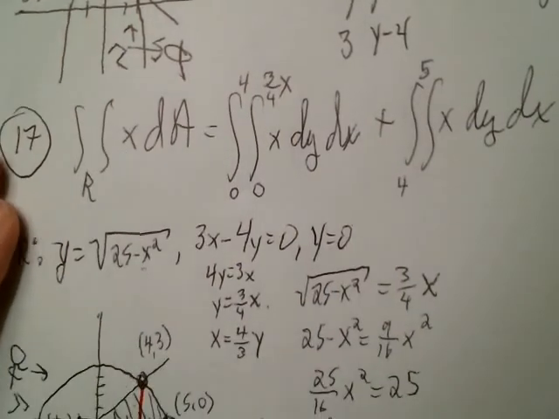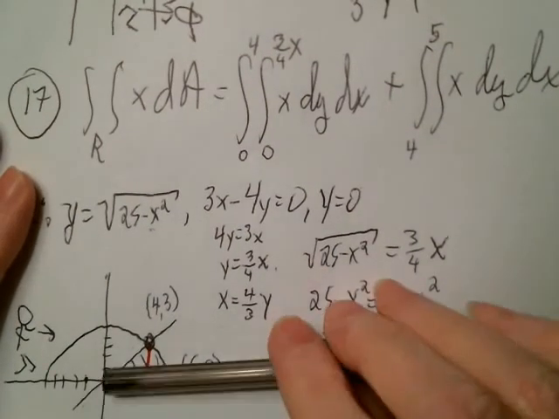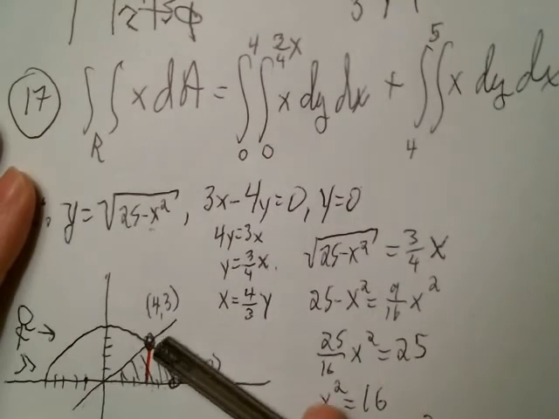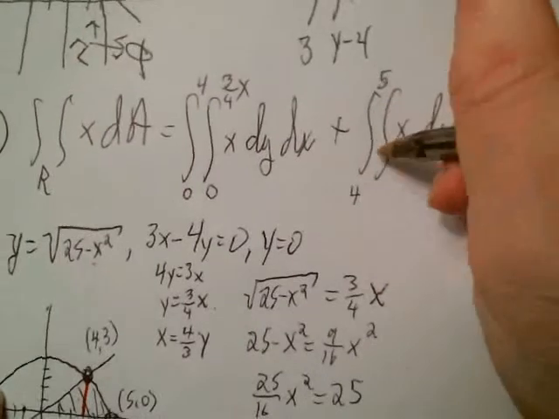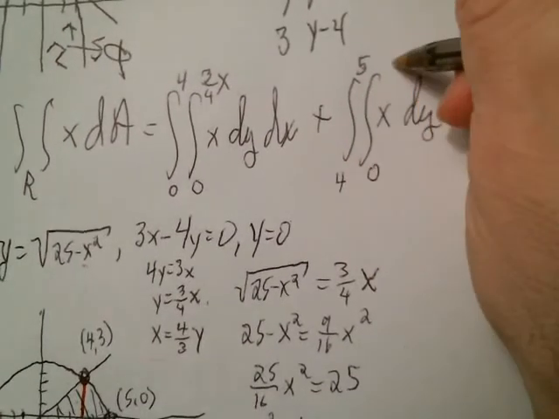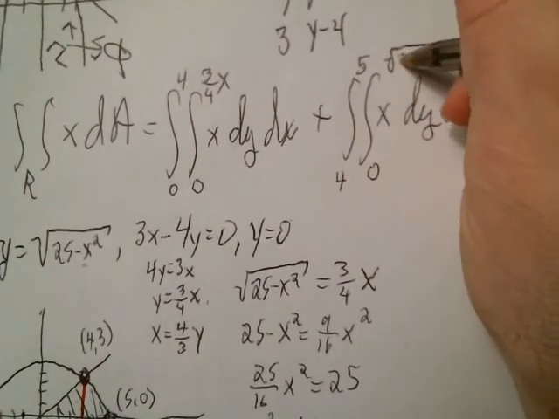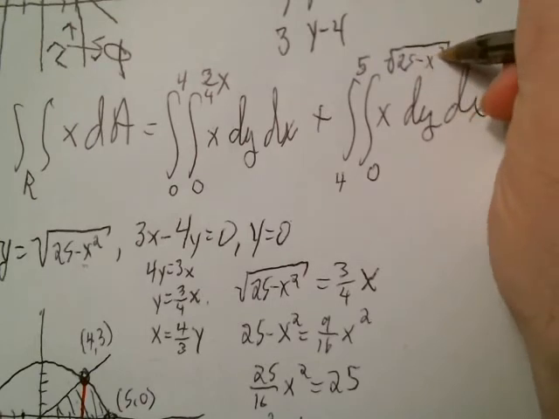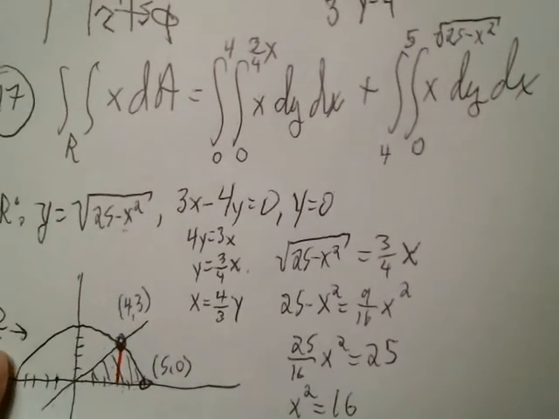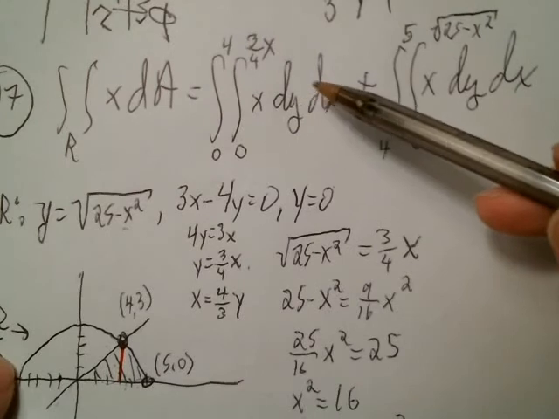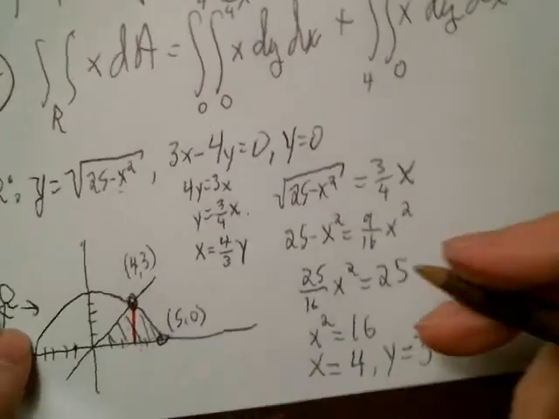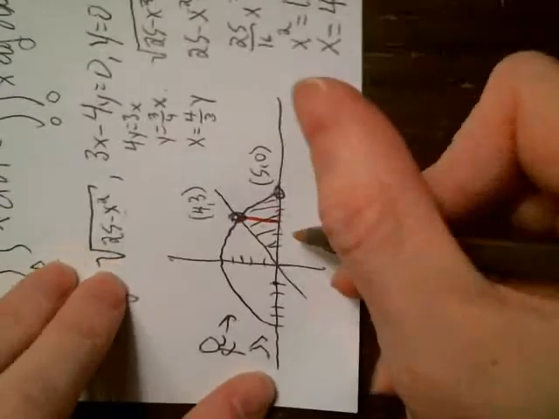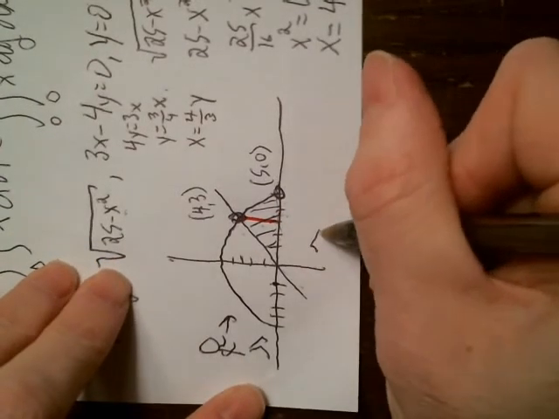And then in the next region, it's going from y equals 0 to this circle, this hemisphere. So y equals 0 to y equals square root of 25 minus x squared. What a nightmare, right? This is not the integral you want to be doing. You want the other orientation. Hopefully that'll be a little nicer.